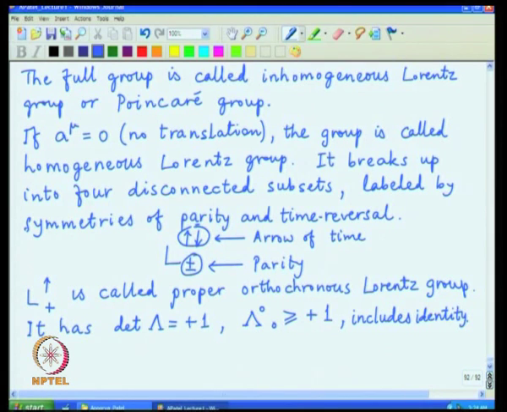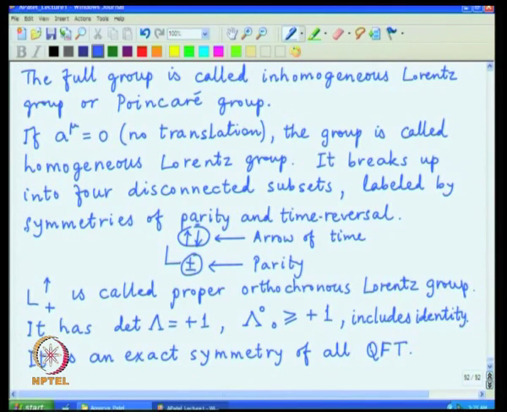And what we have learnt by many experiments and theoretical investigation is that this particular group is an exact symmetry of all quantum field theories that we have found to describe nature.